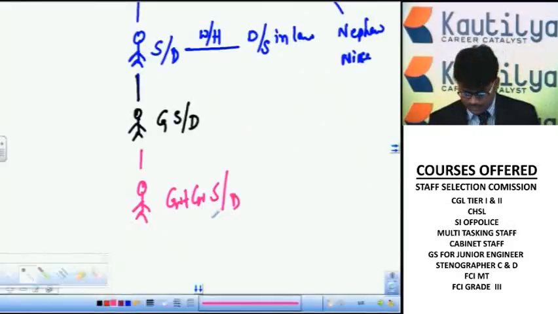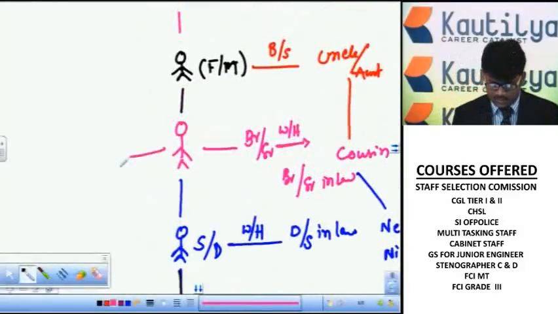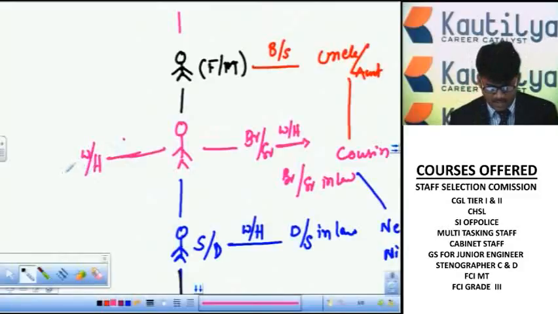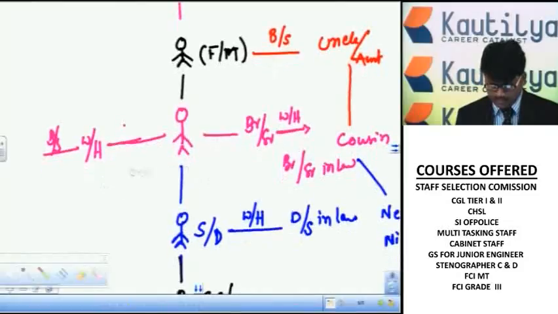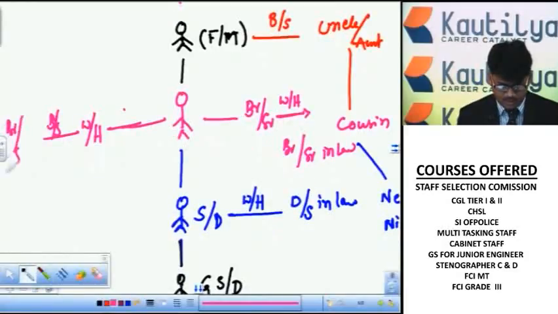If the person has a spouse, that means wife or husband, that wife or husband's brother or sister is called brother-in-law or sister-in-law.